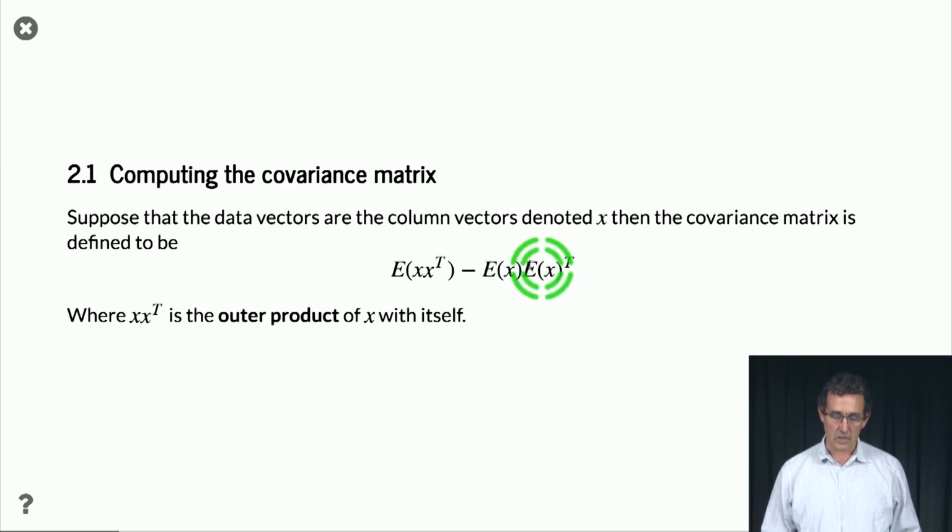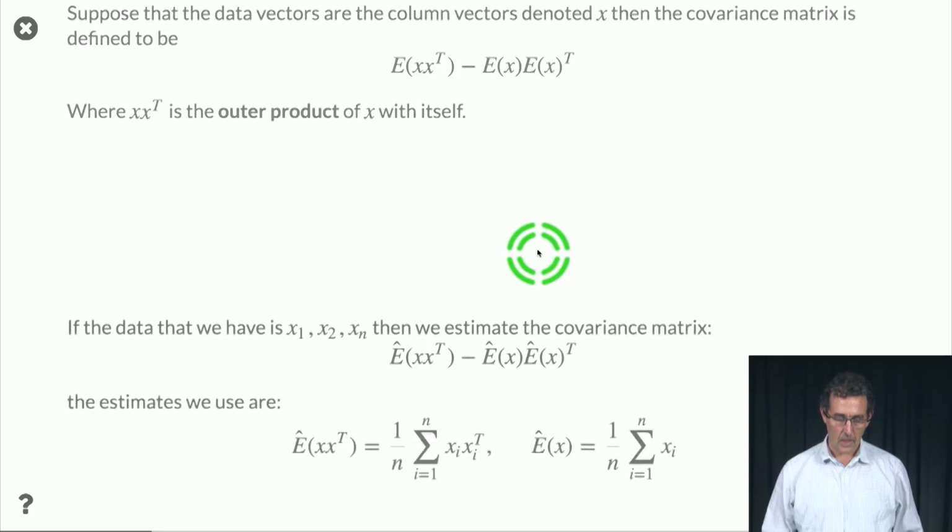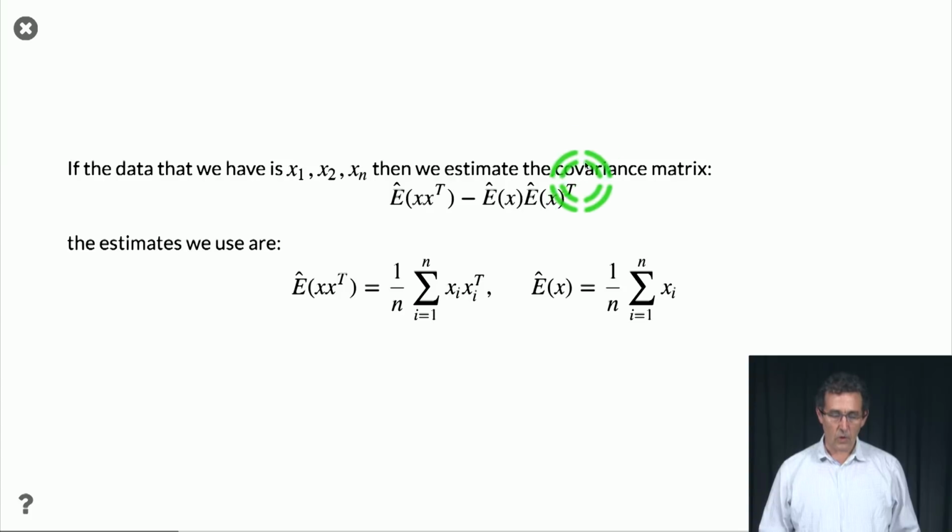Okay, so that gives us a second matrix, and the difference is the covariance matrix. So if we're actually estimating this from data, then what we're doing is calculating the estimated expectation. And the estimated expectation is simply the average, in this case, of the outer products, and in this case, just of the vectors themselves.